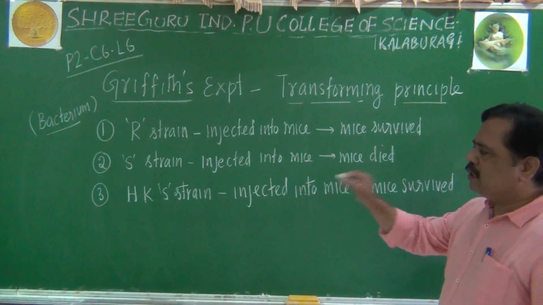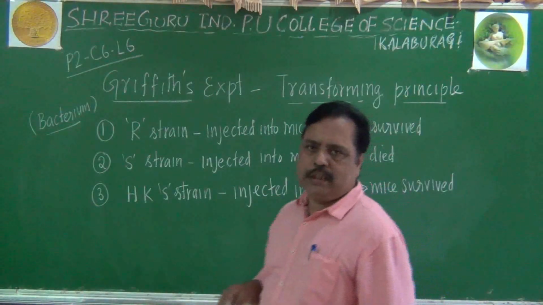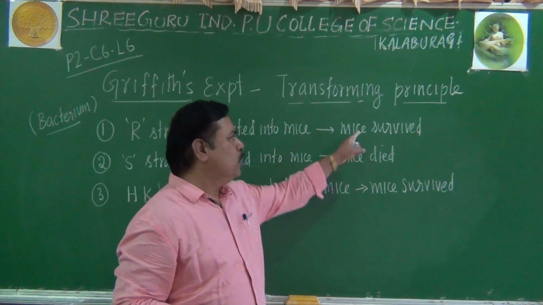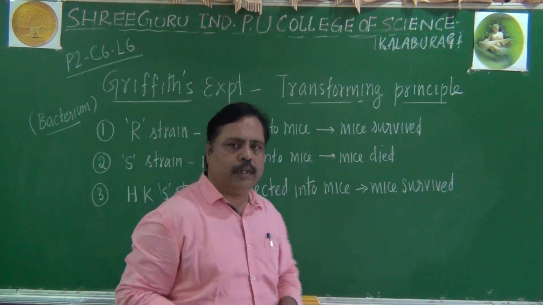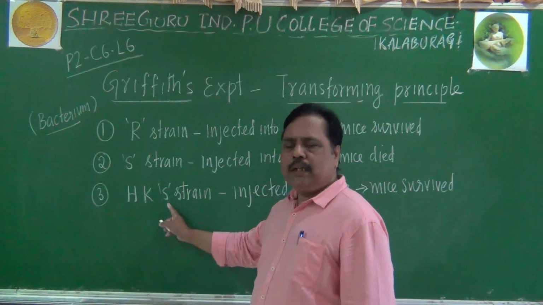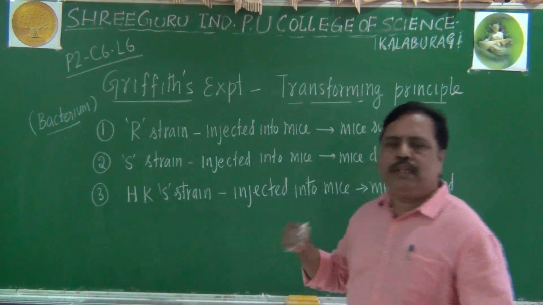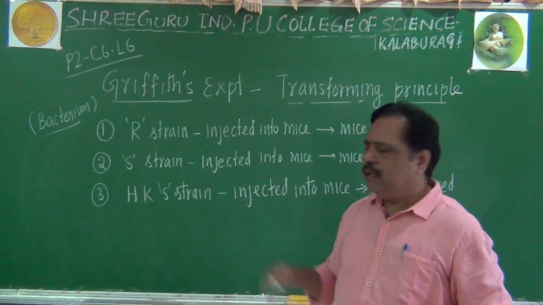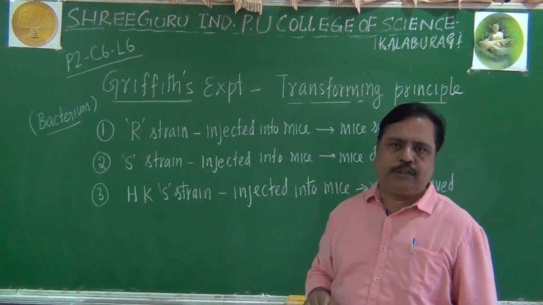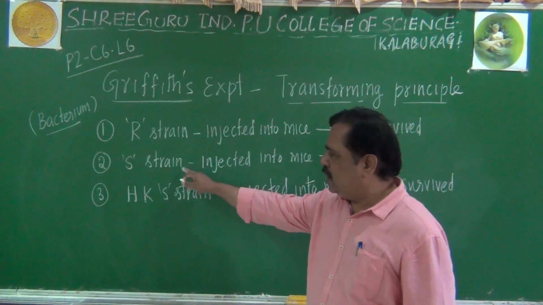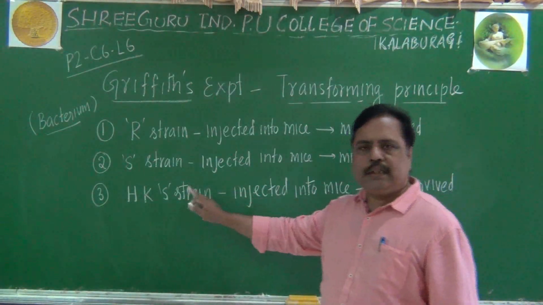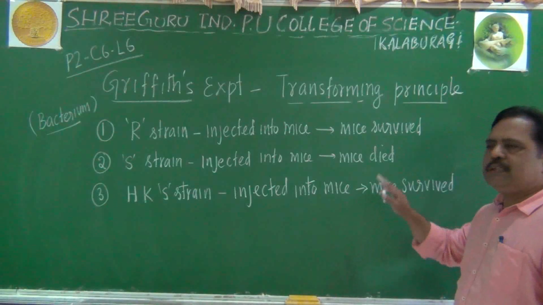So when the HKS strain is injected into the mice, it did not develop any disease and it survived. So here also alive, here also alive. What conclusion can we come to here? When we kill the S type, it loses its virulent ability. It is not able to cause disease and the mice survive. When the same S strain is directly injected, the mice died. When the S strain is heated and then injected, the mice survived.